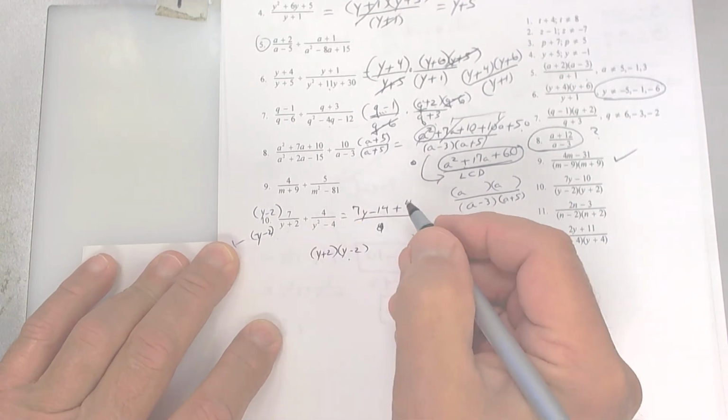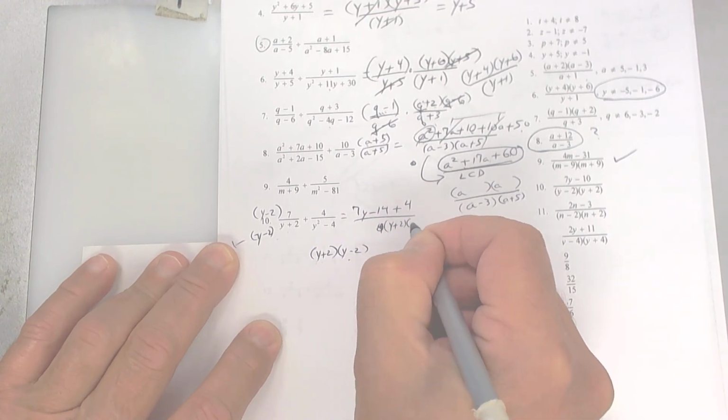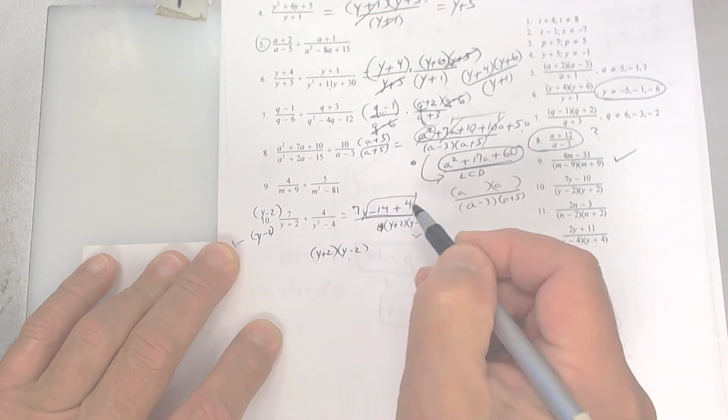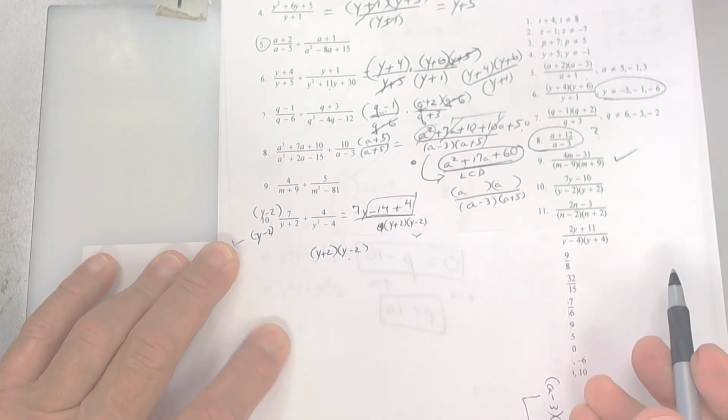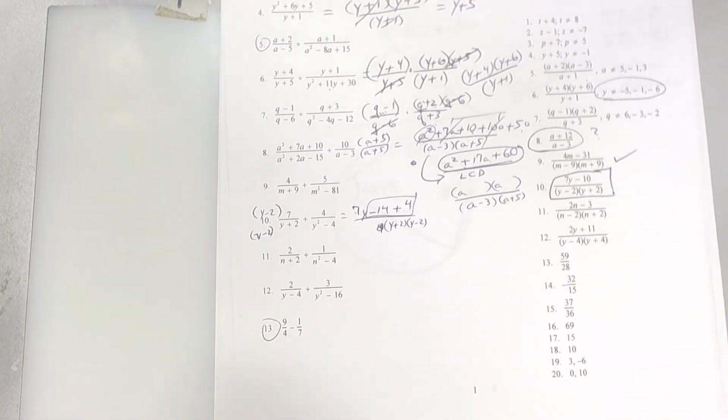And your least common denominator is y plus 2 and y minus 2. So here, when you add this up, you get 7y minus 10. So let's see if that's what they have. And that's what they have right here. Check. All of that works out.